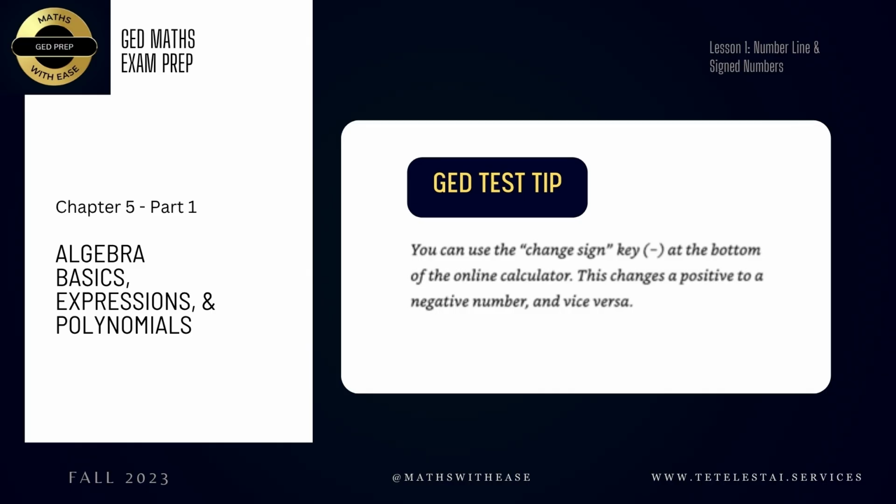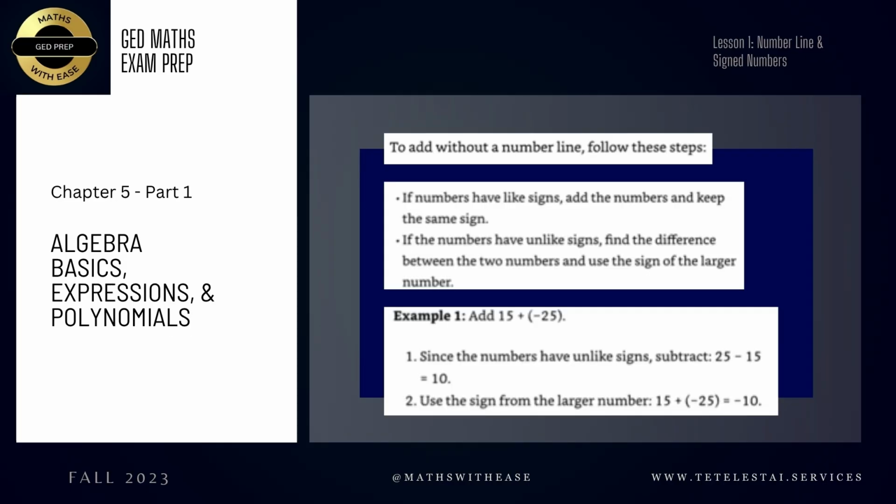Okay. Yeah. To add without a number line, you would follow these steps. If numbers have similar signs or like signs, you want to add the numbers and keep the signs the same. Okay, so essentially in the example that we just saw with -2 plus -3, since they're both negative, just add the numbers.